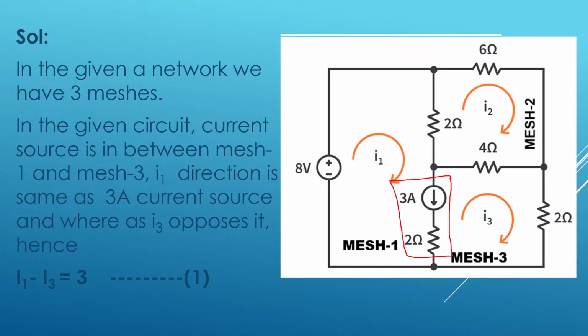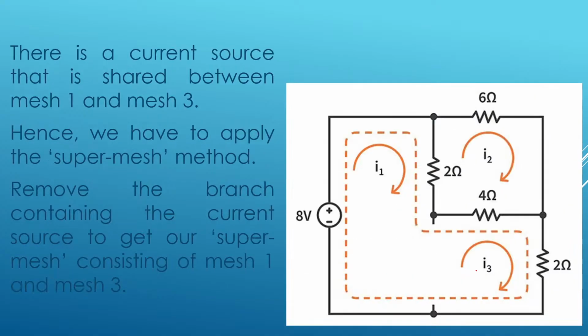Whenever you remove the current source, whichever element is in series with that current source is also to be removed. So you have to remove the 3 ampere current source as well as the 2 ohm resistor. Both elements in that branch are to be open circuited. So I have removed both the current source and the resistor.